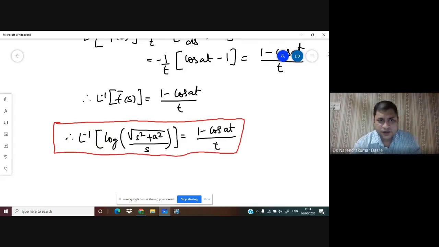So again, we need to understand how we used the 3 steps to calculate the inverse Laplace transform. Now, do you have any doubt or any question in this example?